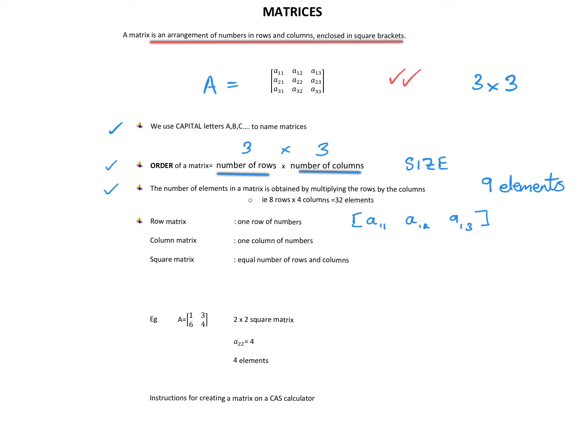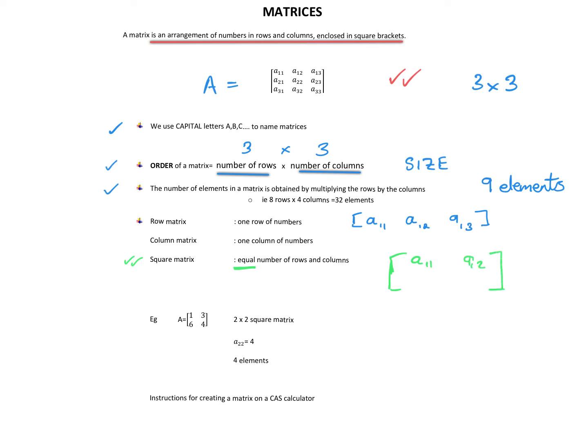The one that we're going to be using quite a bit is the square matrix. And a square matrix has an equal number of rows and columns. So I could have something like this. So A11, row 1, column 1, row 1, column 2.